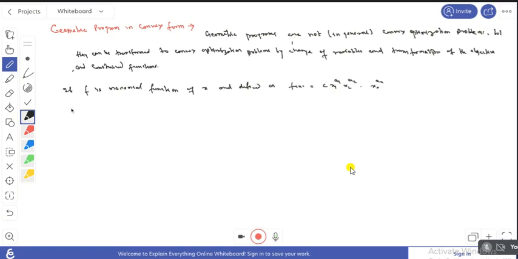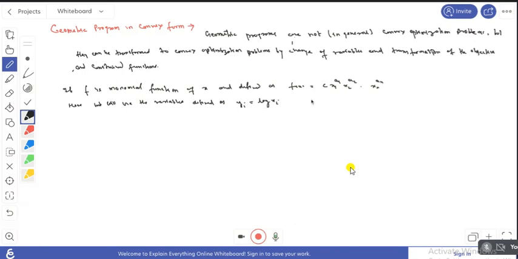If we use some variable here, suppose yi, and all yi, y1, y2, y3 is logarithm of xi.